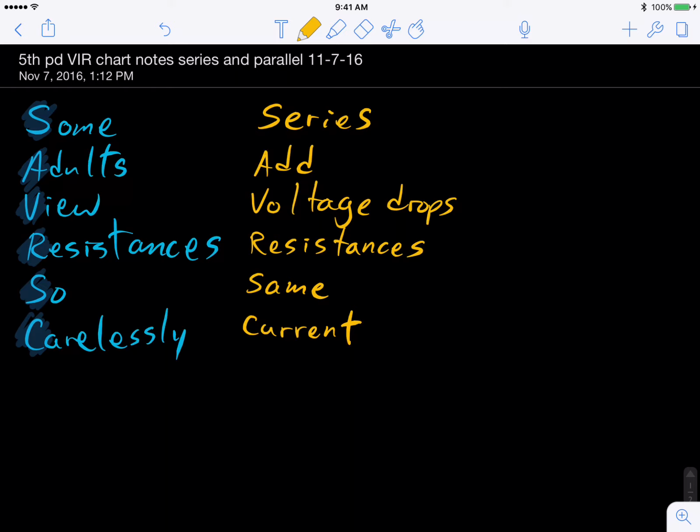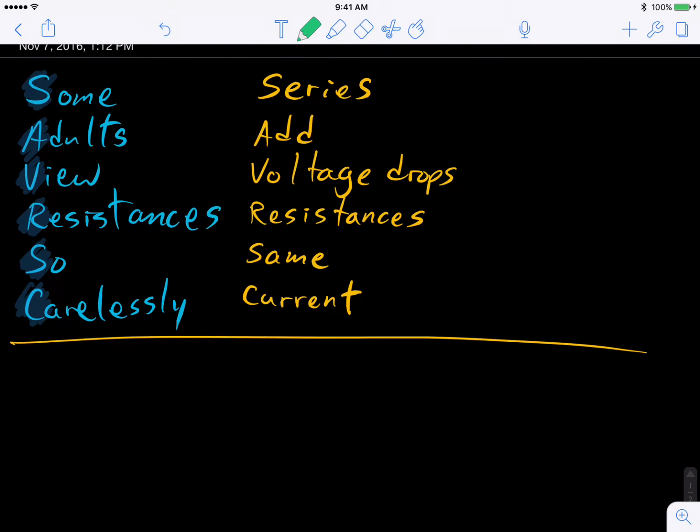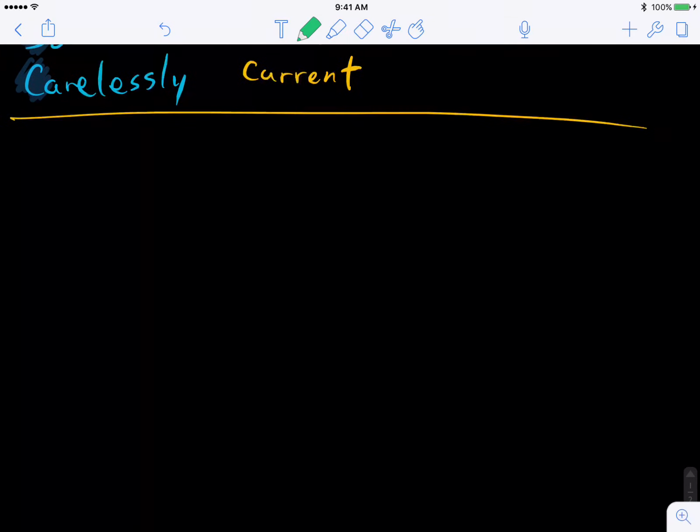And so let's make up something to apply this to. Let's just say, for example, that we have some components, and components is just a fancy word for parts of a circuit.